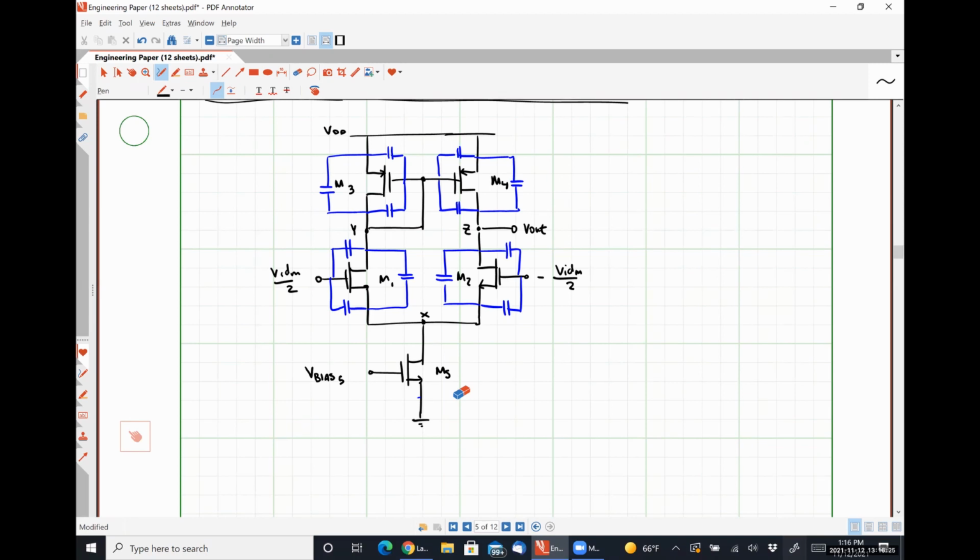Now let's look at all these other guys, right? So everything to the left is the second circuit we analyzed. Everything to the right is the first circuit we analyzed. And the capacitances on the input side didn't contribute anything to our frequency response whatsoever.